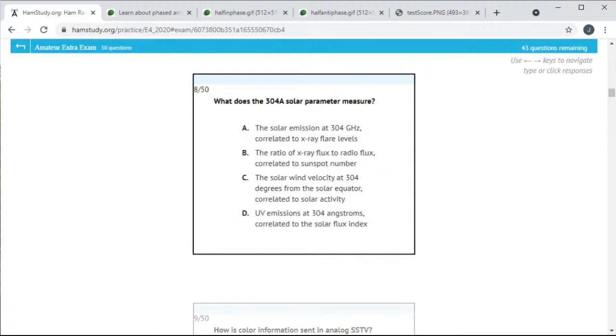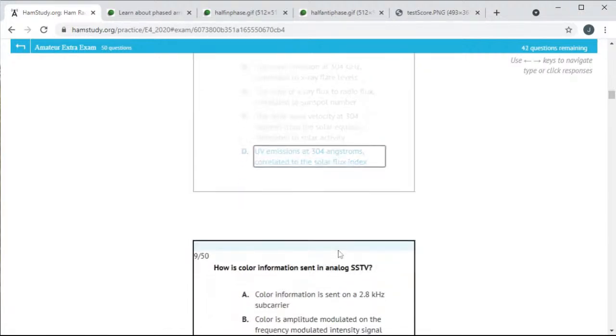C, solar wind velocity at 304 degrees from solar equator correlating to solar activity. D, UV emissions at 304 angstroms correlating to solar flux index. I'm going to guess that it's D.